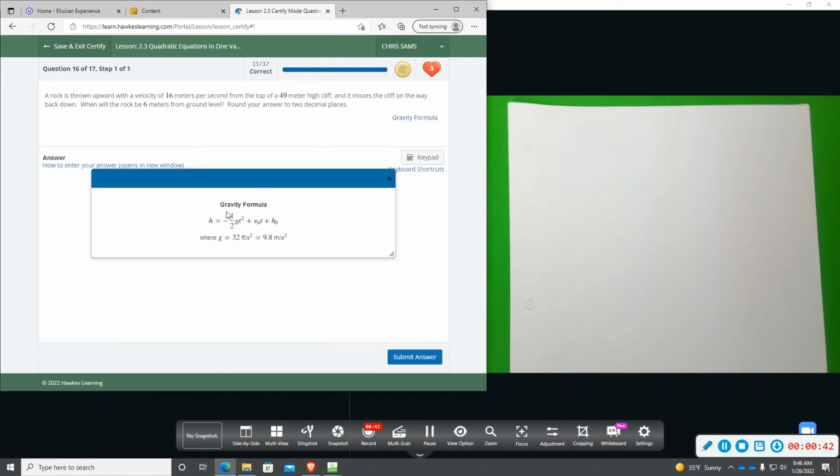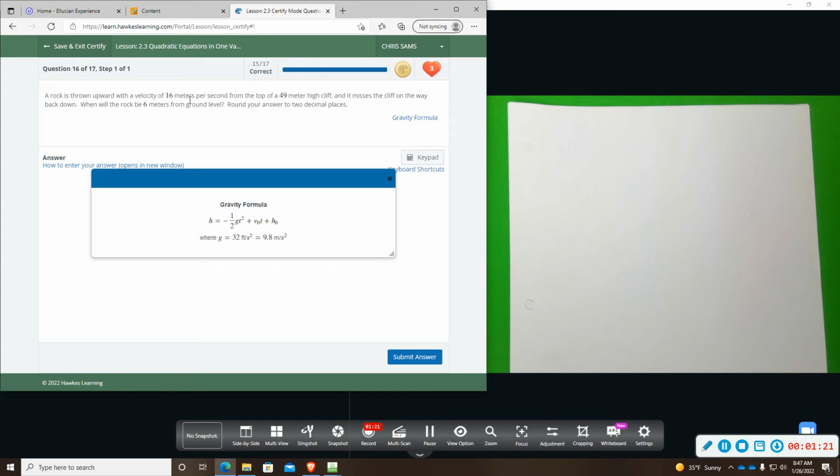H stands for height, is equal to negative 1/2 g, which is gravity, times t, which is usually time in seconds, plus v naught. This v with a little zero below it is called v naught. That is the initial velocity, the starting point, and then the time, and then of course h naught is the initial height, where the height starts.